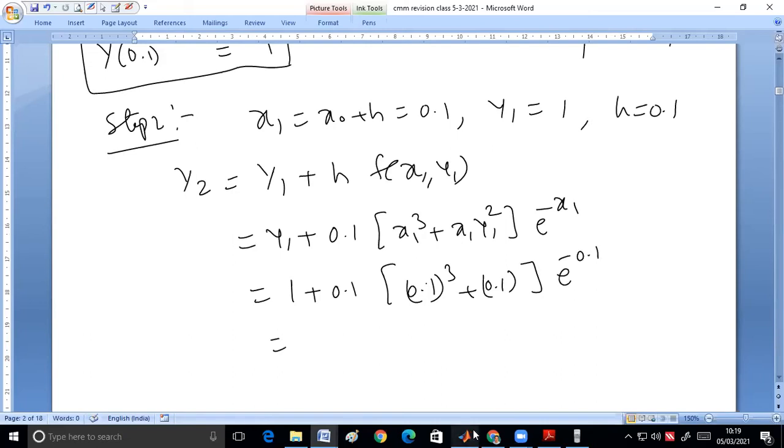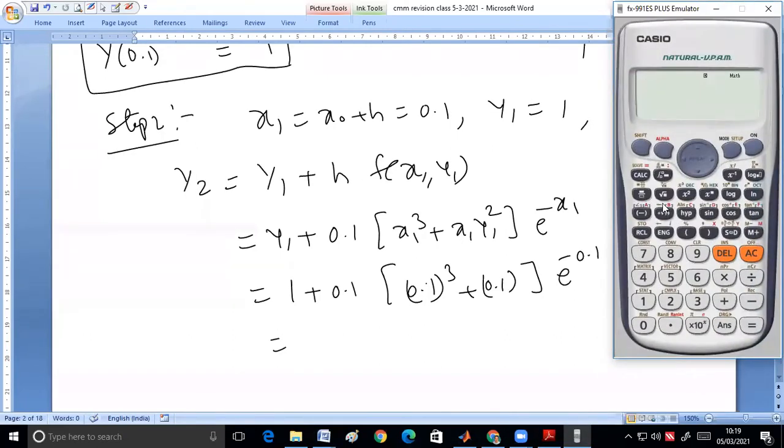I will open the calculator and calculate 1 plus 0.1 into 0.1 whole cube plus 0.1, then e power, e means shift ln, e power minus 0.1.